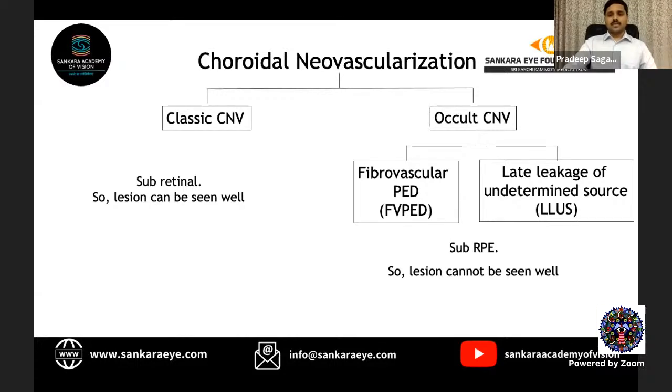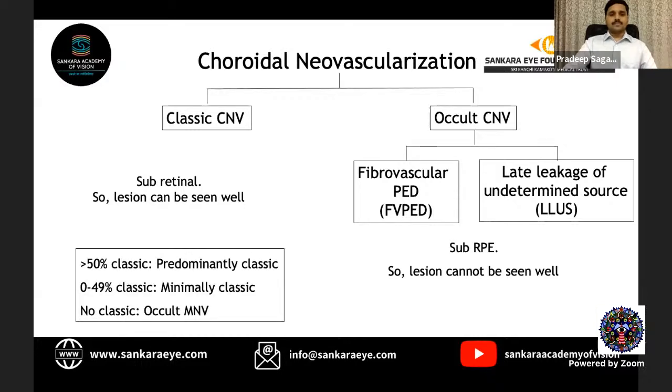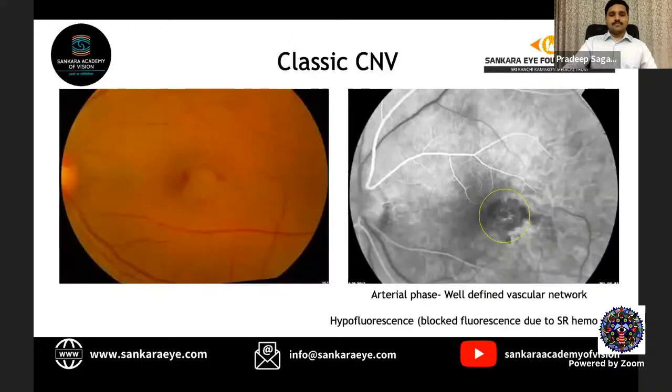It is further subdivided as fibrovascular pigment epithelial detachment and late leakage of undetermined source. Again, CNV is classified as predominantly classic if more than 50% of the CNV is classic. It's classified as minimally classic if 0 to 49% of the CNV is classic, and if there is no classic component, we call it occult CNV.